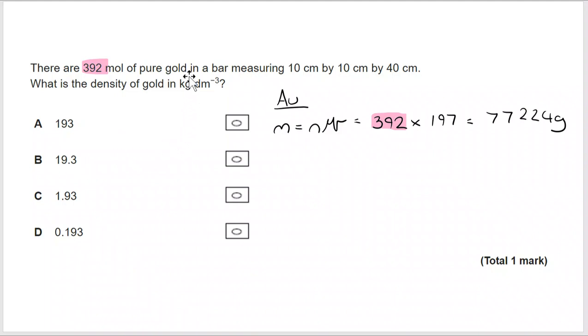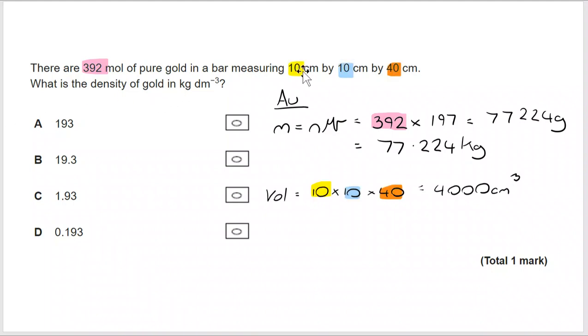We want density in kilograms per decimetre cubed, so let's convert that, 77.224 kilograms. I then need to work on my volume. So I've got my sizes of the bar, it's 10 by 10 by 40 centimetres. That's 4,000 centimetres cubed. We want kilograms per decimetre cubed, so let's divide that by 1,000, 4 decimetres cubed.